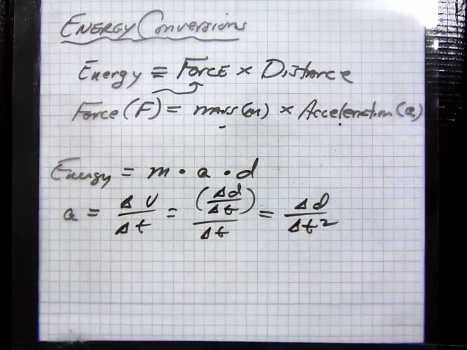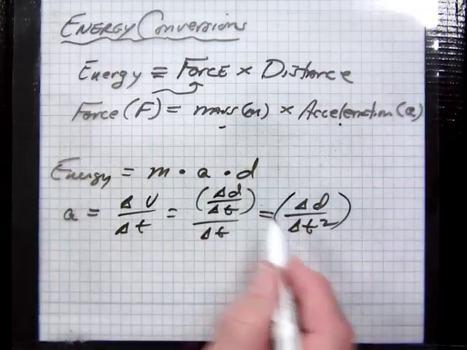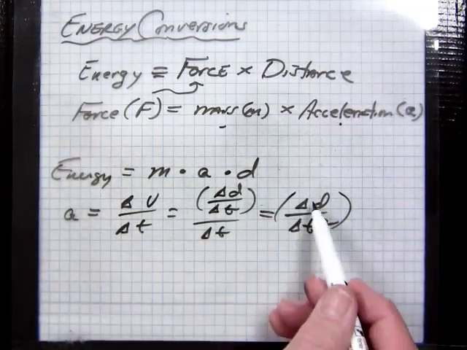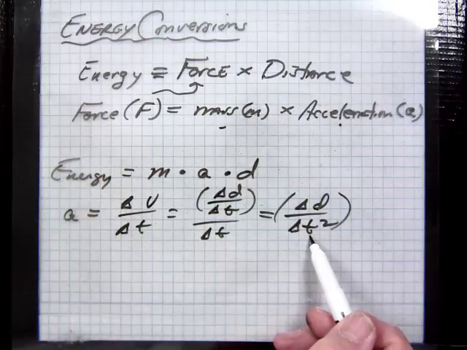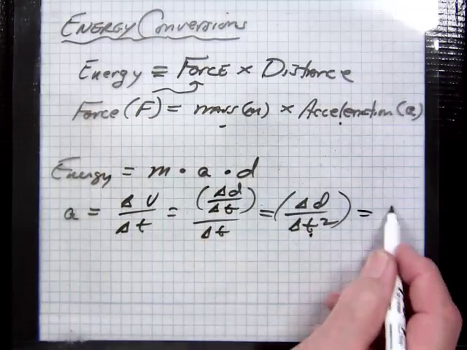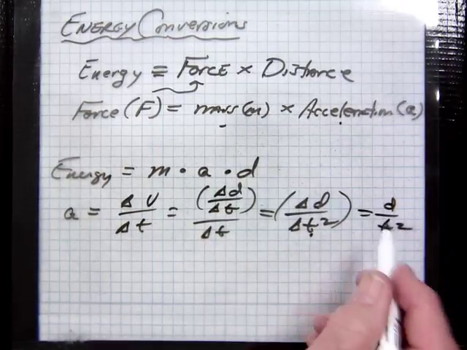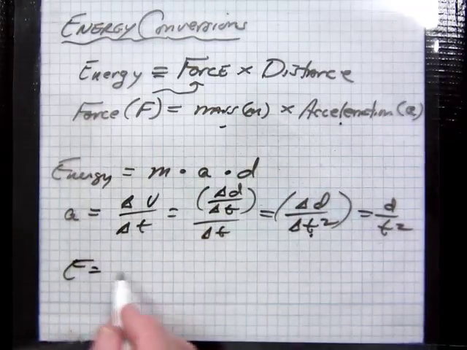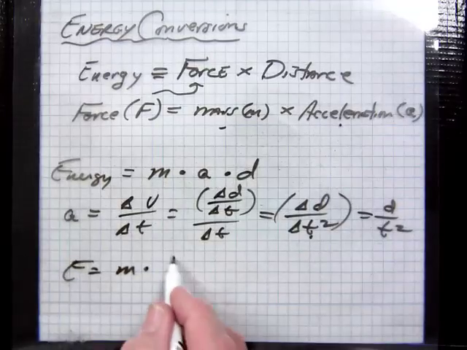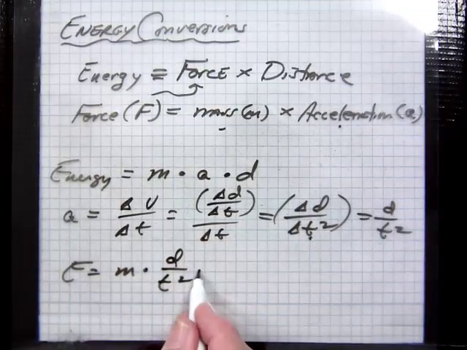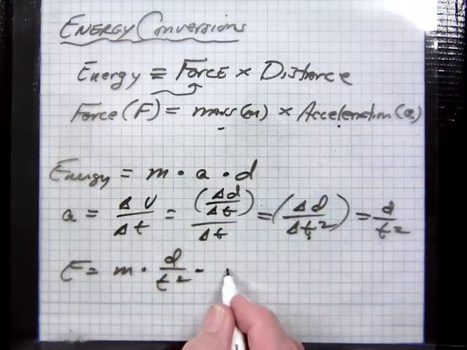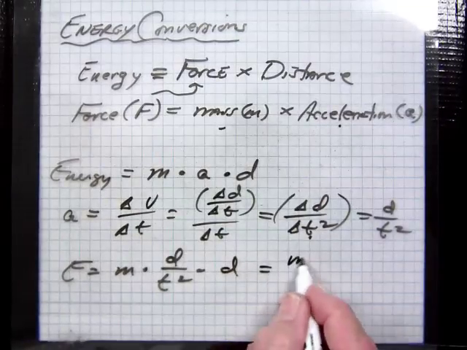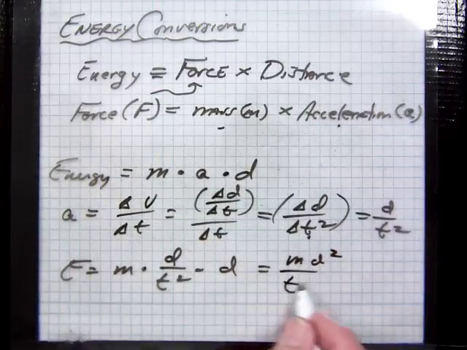Now, you're not going to have to work the problem out. But what I'm trying to show you is that we'll just make it distance over time squared. What we have here is E equals mass times distance over t squared times another distance, which gives us a mass distance squared over time squared.